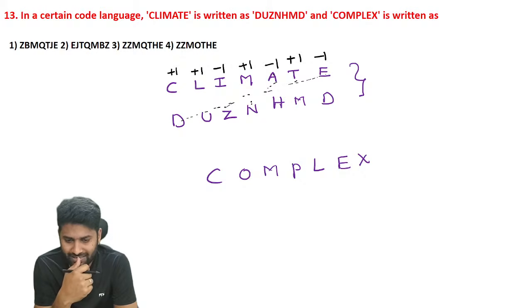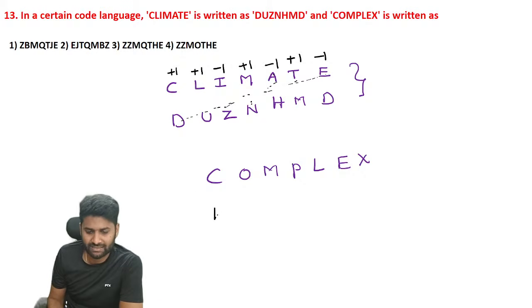The 24th letter minus 1 is the 23rd letter, W. Again, minus 1, plus 1, minus 1, plus 1, minus 1, plus 1, plus 1.